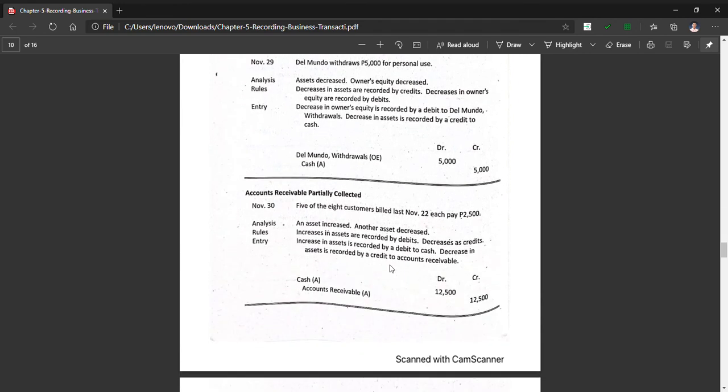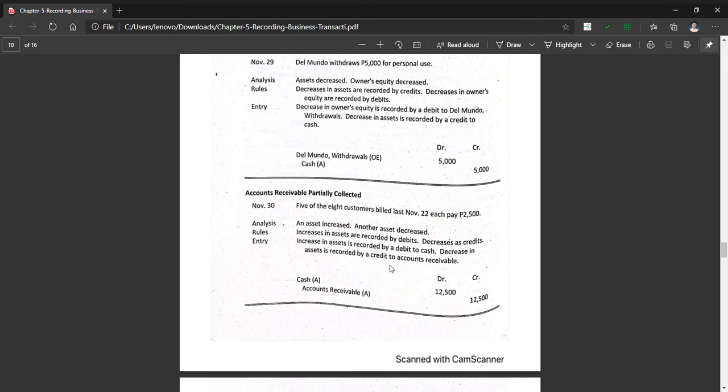You determine kung ano yung mga accounts na na-affect, yung asset ba, liabilities, owner's equity, income, or expense. Tapos, tignan nyo yung mga normal balances nila, kung debit ba or credit. Take note na yung normal balance ng asset is a debit, normal balance ng mga liabilities and owner's equity is credit.